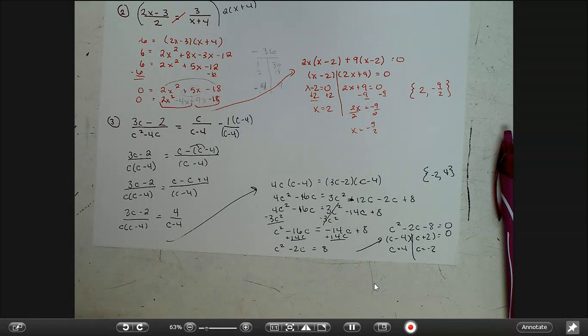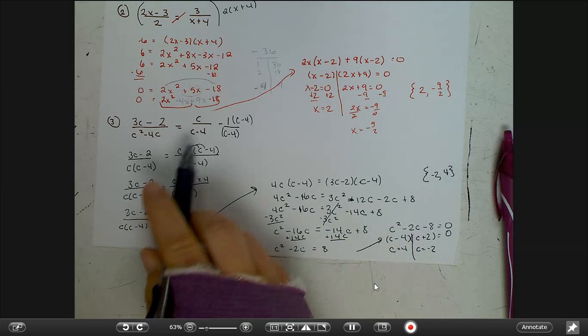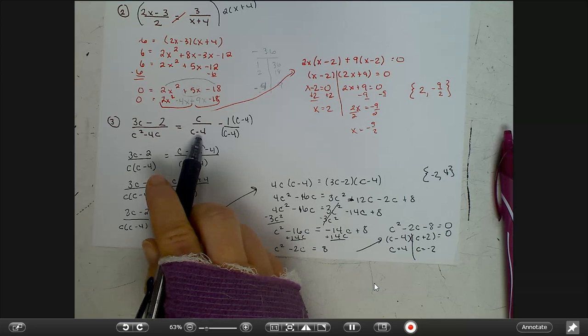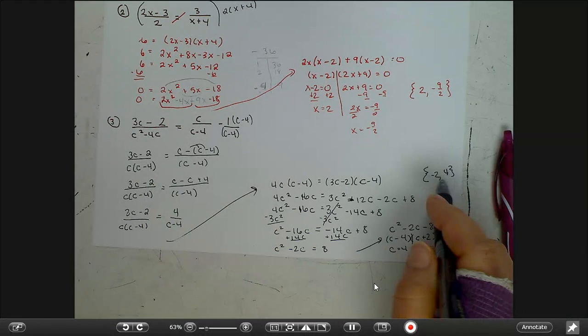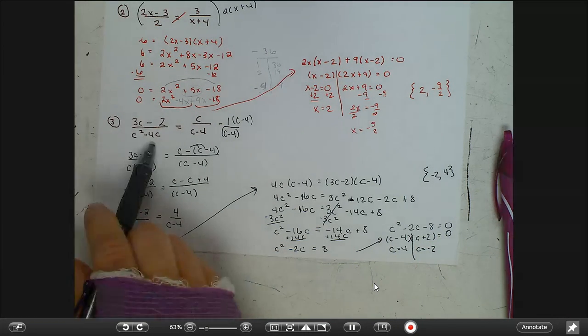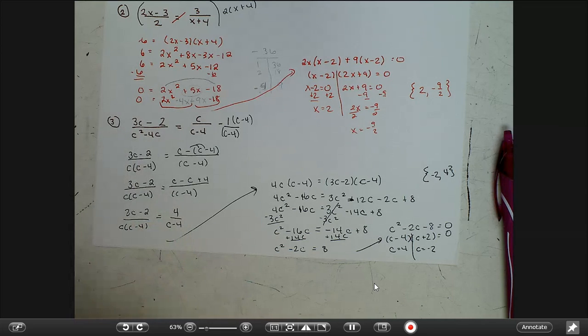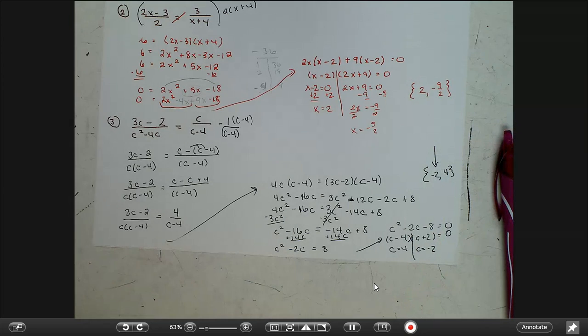Sometimes you should check to make sure there aren't extra answers in it. If we substituted 4 in, we would have a 0 in this denominator, but this side would still equal negative 1. 0 is undefined. So 4 is probably an extraneous solution. 16 and 16, yeah. So the real answer is just negative 2. The 4 is extra. It doesn't work.